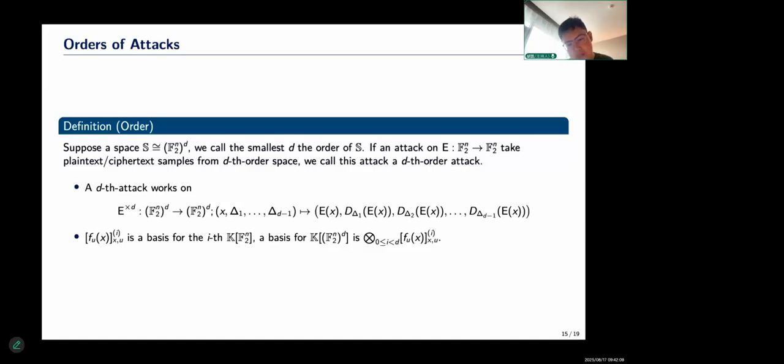Then the basis for a high order space can be constructed with the basis for the single space. If the x_i is a basis for the i-th F2N, then a basis for this high order space can be constructed with the Kronecker product.